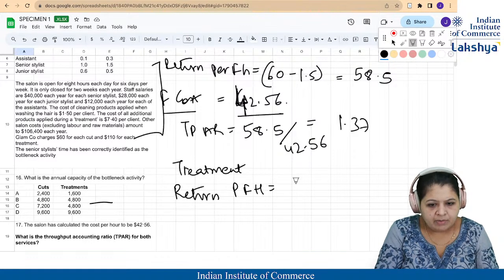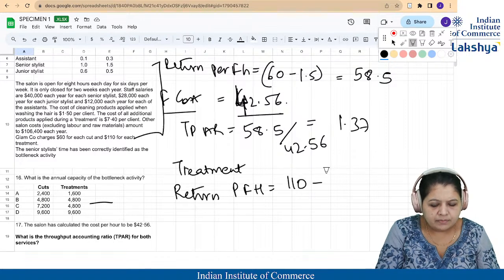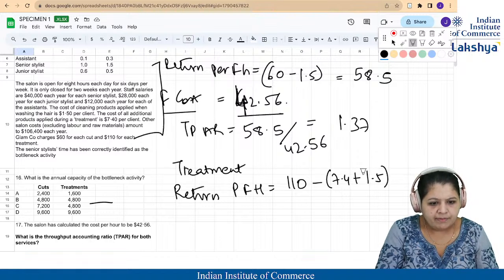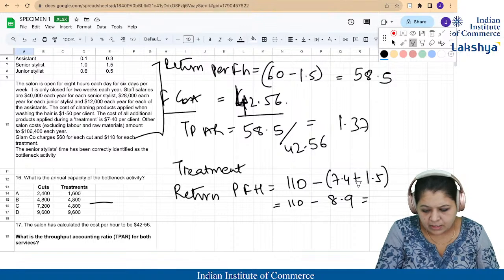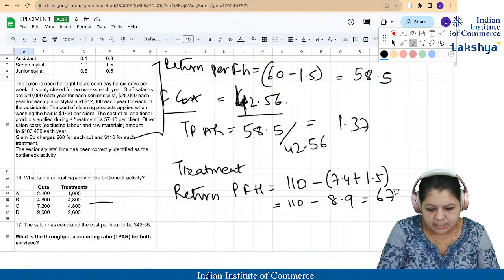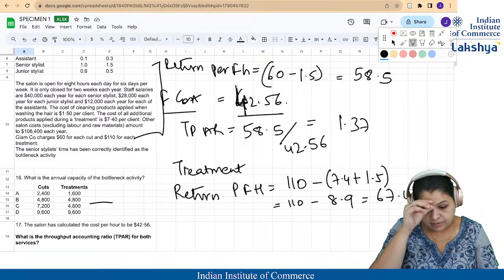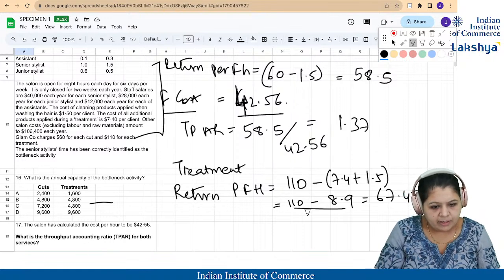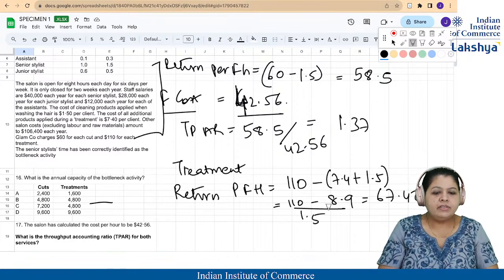Return per factory hour is going to be 110 minus 7.4 plus 1.5, right? So that is going to be 110 minus 8.9, coming out to 67.40, because we need to divide this value by the number of hours, which for cuts is 1.